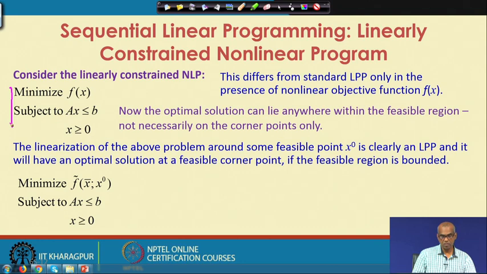I linearize this problem around some feasible point x_0, and we obtain this linear programming problem, because now I have objective function linear and the constraints were already linear. So, this linear programming problem has a solution on any corner point. Of course, we are assuming that the feasible region is bounded.